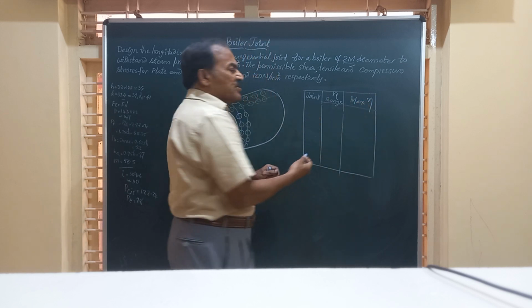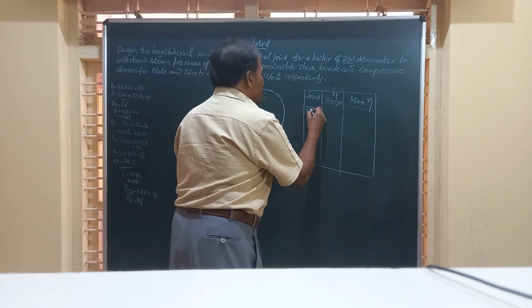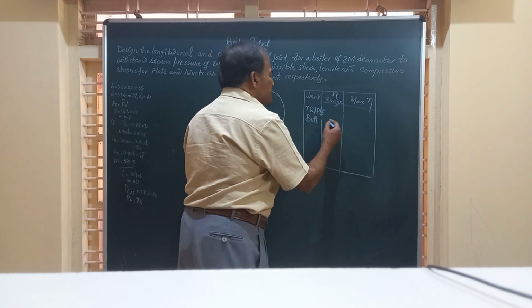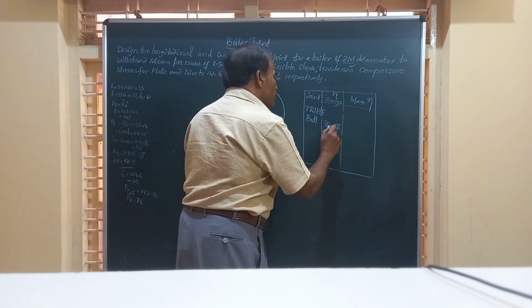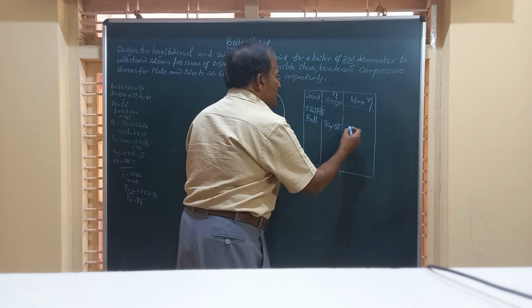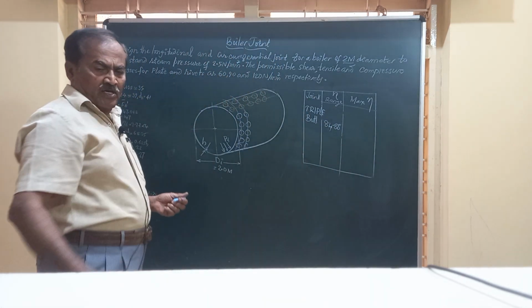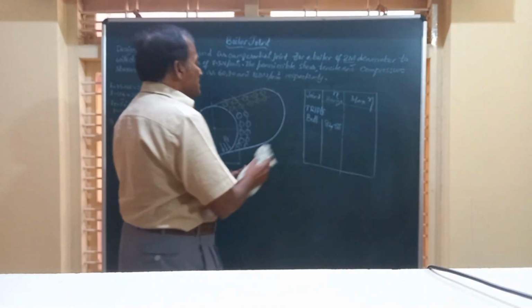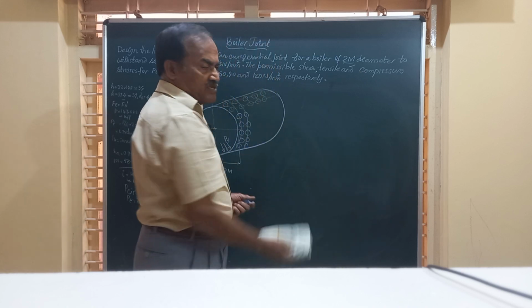So here, friends, if you refer to this table, for this triple riveted butt joint, the efficiency range is 84 to 88. So we'll take some value as 84%. Based on this, we will go ahead and find out the thickness of the shell required.